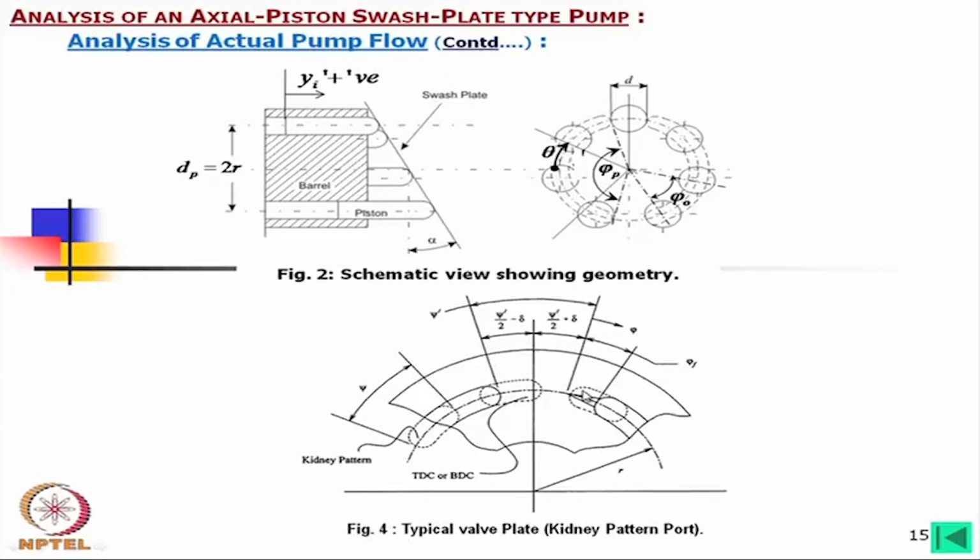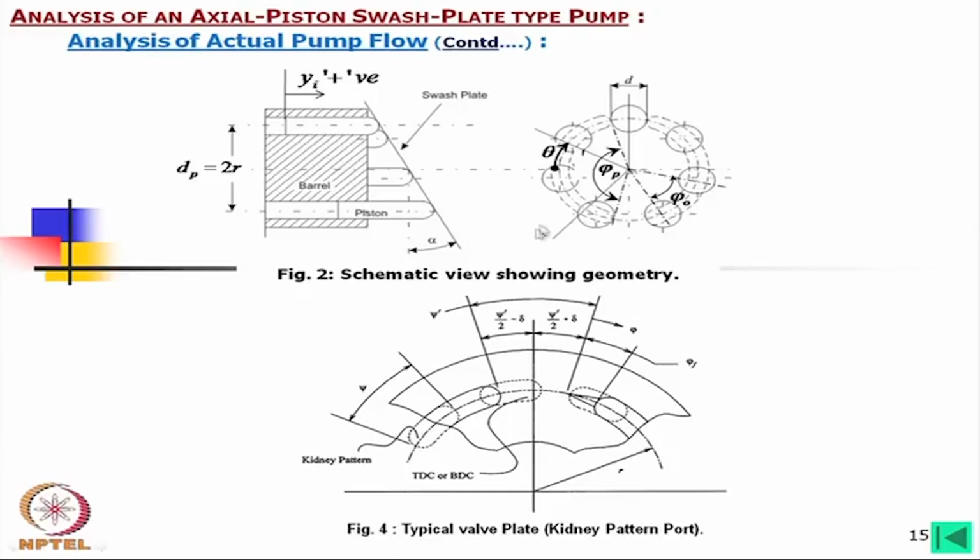This is due to the fact that, depending on the direction of rotation in the case of a pump, if this side is taken less and this side slightly more, the performance will be better than if it is taken exactly equal. Even this total angle is sometimes taken slightly larger than this angle.